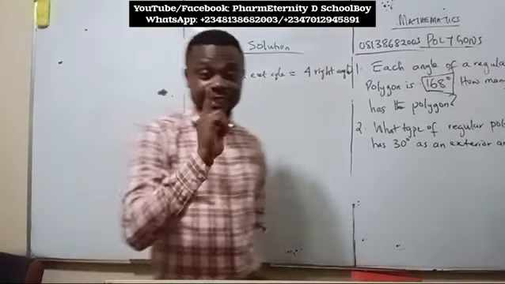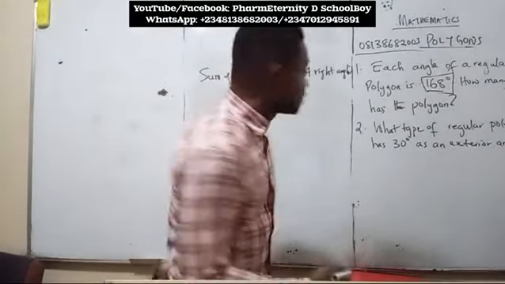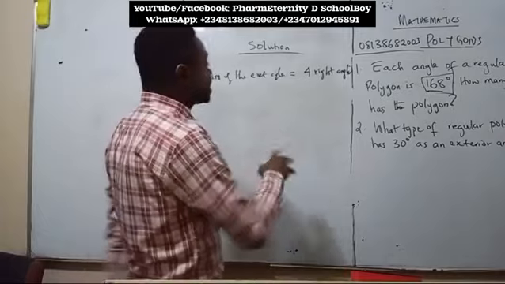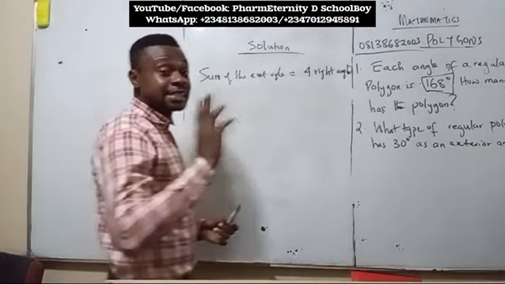A right angle is 90 degrees. So 4 right angles is 4 times 90, which is 360 degrees. So the sum of the exterior angles of a regular polygon is 360 degrees.